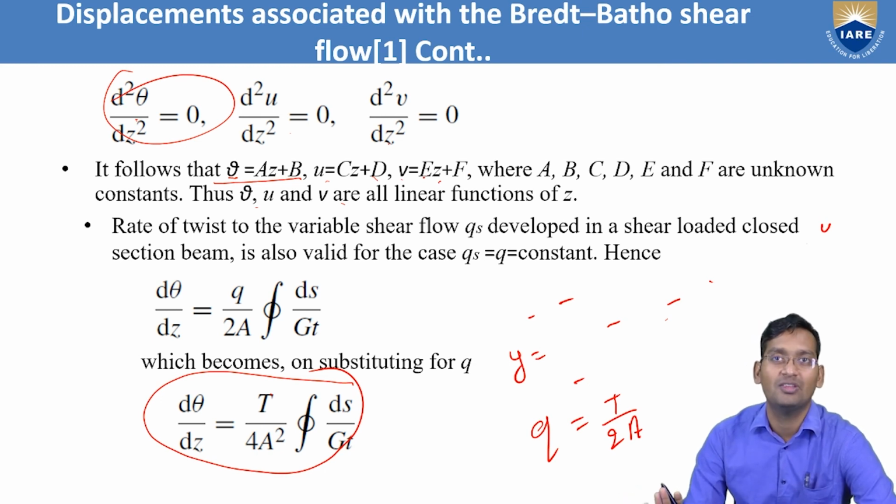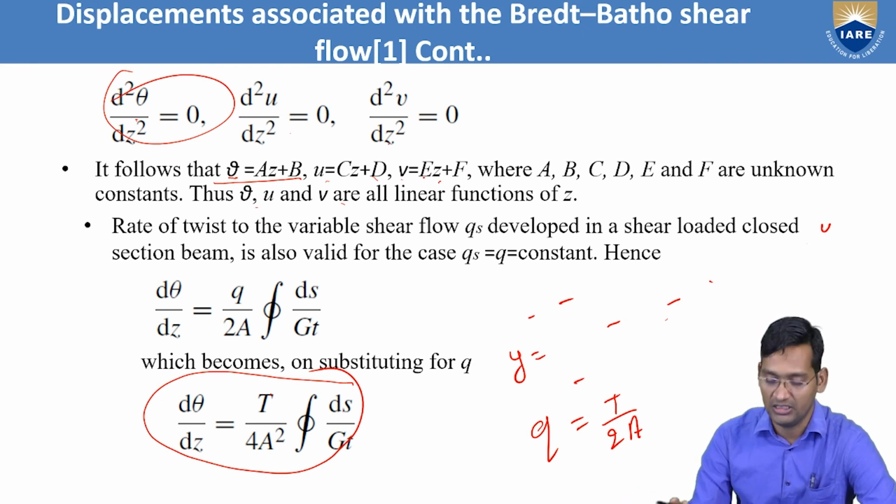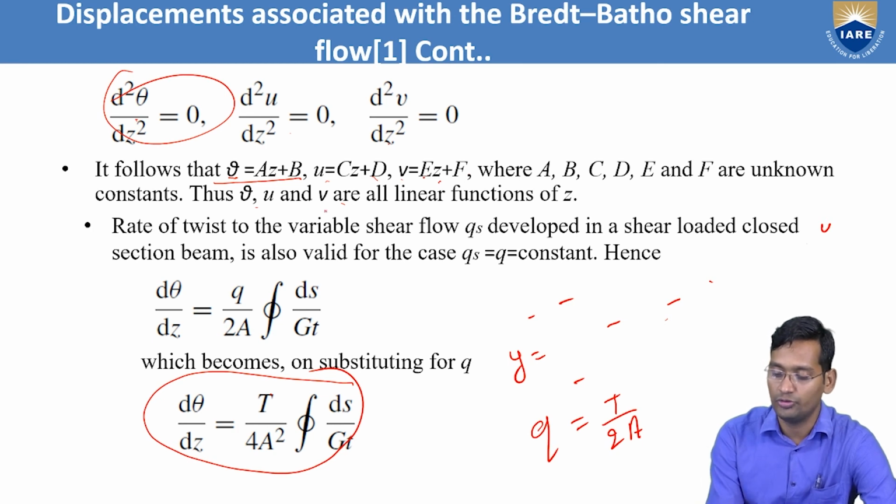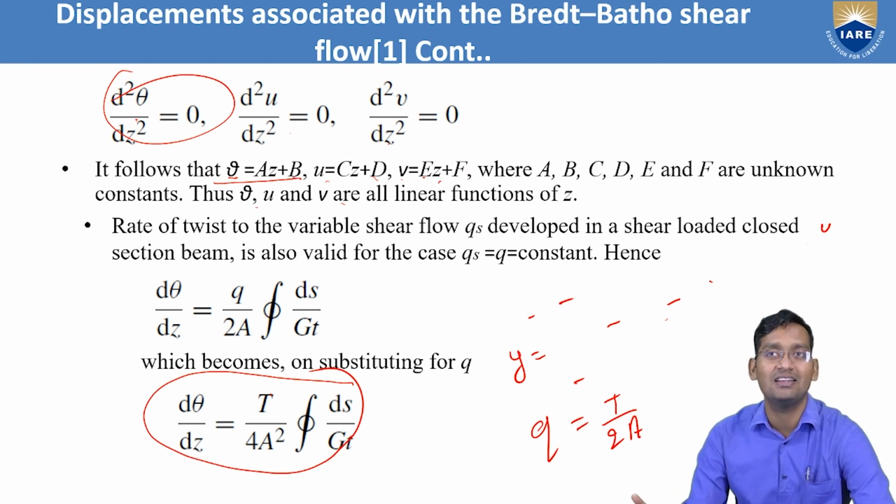Thus theta, U and V are linear, that is, they are linearly related with Z.